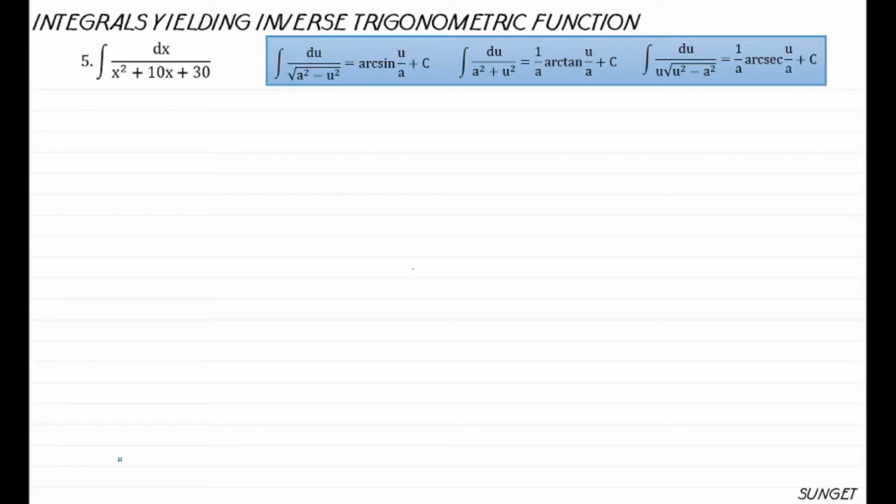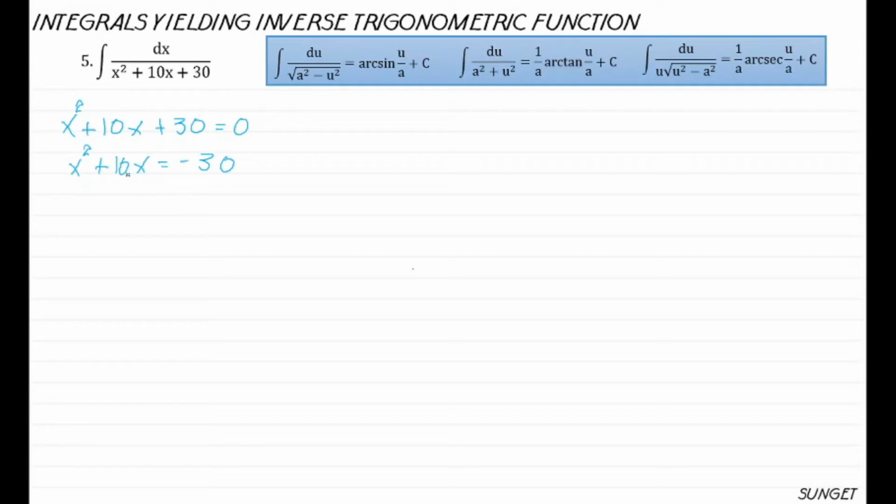For number 5, take the trinomial x squared plus 10x plus 30. By completing the square, transpose 30 to the right side of the equation. So x squared plus 10x equal to negative 30.